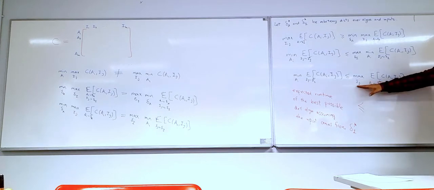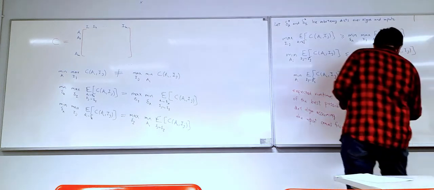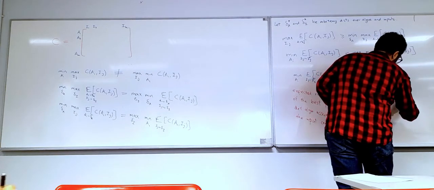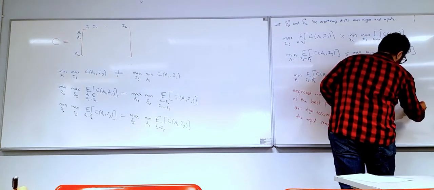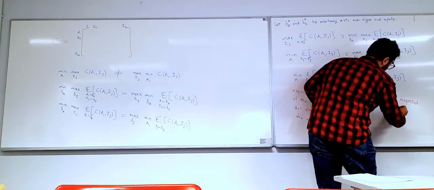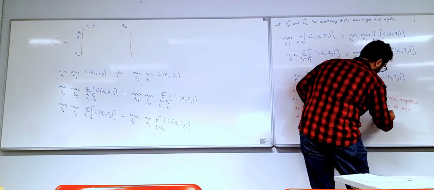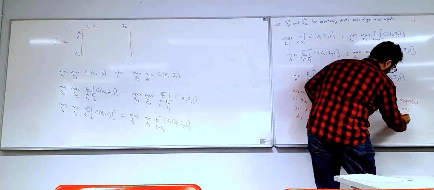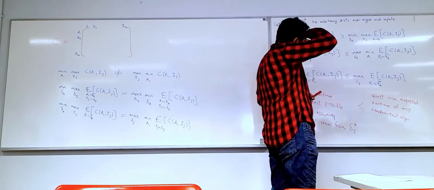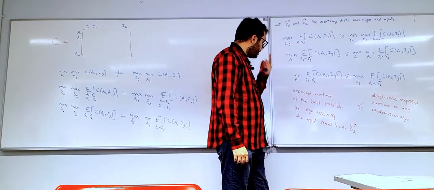So this is the worst case expected runtime of any randomized algorithm. To be more specific, this should be a randomized algorithm that solves the problem without errors. So it's a Las Vegas randomized algorithm.